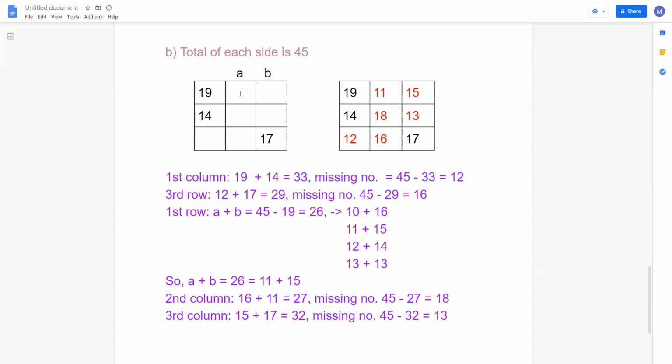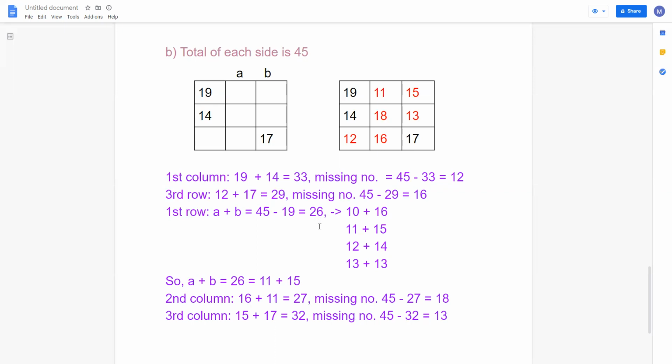So these two numbers, A and B, adding, what will you get? 45 minus 19. First row, the two missing numbers we have taken as A and B. So A plus B, the sum of those two numbers, equals 45 minus 19 equals 26. So these two numbers adding, you should get 26.